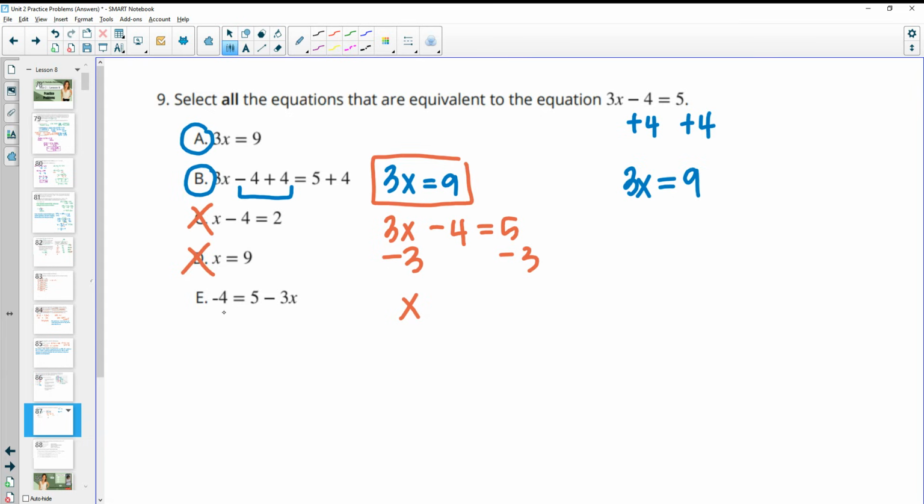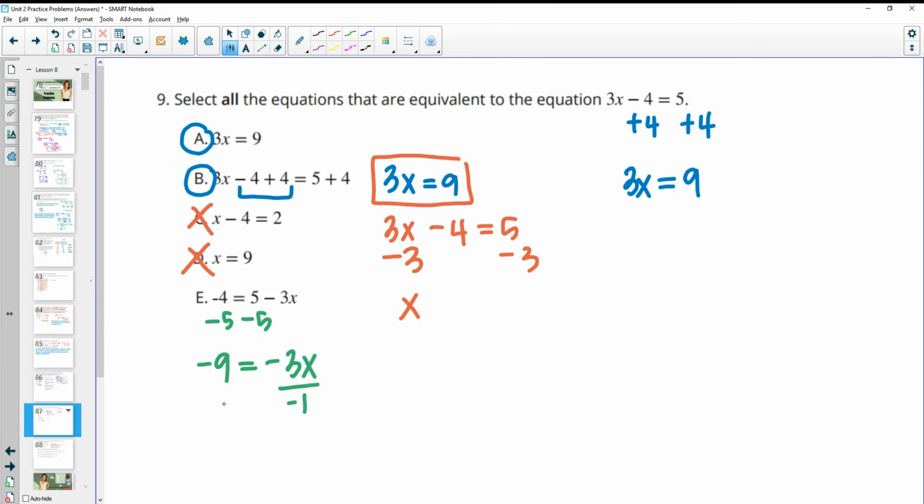And then E, negative 4 equals 5 minus 3x. So let's just work with this one and get the 3x alone. So I'm going to subtract 5 from both sides. So negative 4 minus 5 is negative 9. And then 5 minus 5 is 0. So we just have negative 3x, which is really close to this, right?